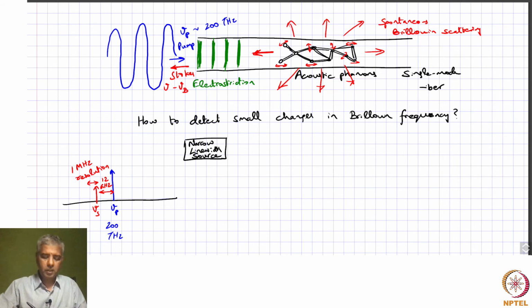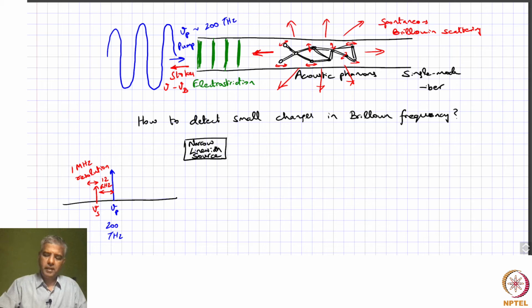In fact, I have drawn a monochromatic wave. For a monochromatic wave, you have a fairly well defined grating here. I say grating, but of course you have to understand that this is a transient grating. It is not like a fiber Bragg grating where it is permanently etched in the fiber.